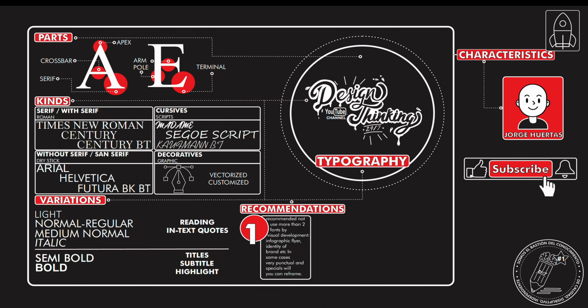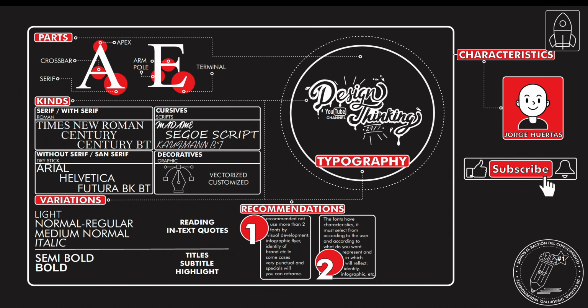In some cases, for example, when you want to make a poster for a festival, there are many different kinds of typographies. That is the exception, but in the majority of cases, try to only use two, because otherwise you will see too much information in that.